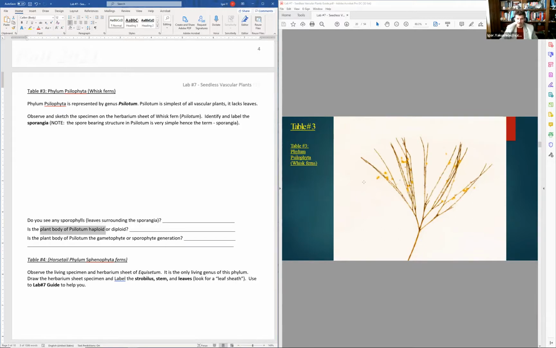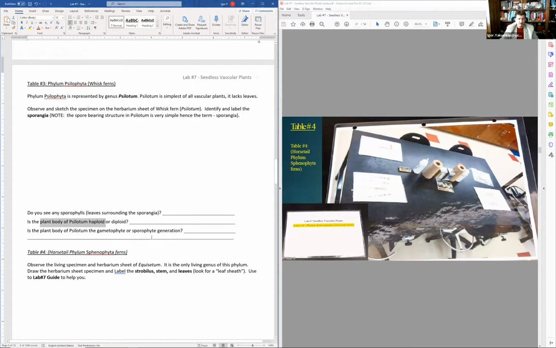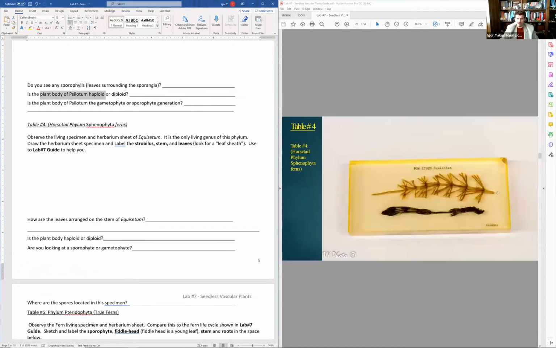All right, so table number 4, horsetails. Whenever you're talking about horsetails, I guess it looks like a horse tail. In this particular case, it's kind of lying down horizontally. You will see the stem with a whorl of leaves coming out, and on the very top you will see the sporangium, or cluster of sporangia known as a strobilus.